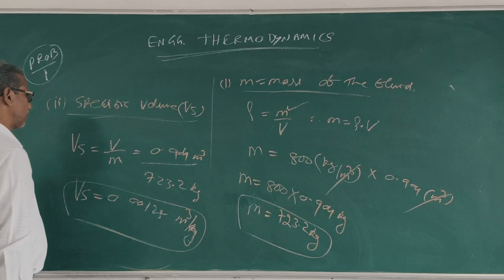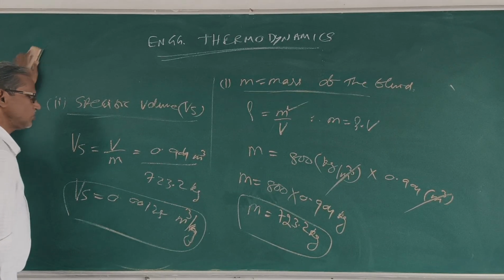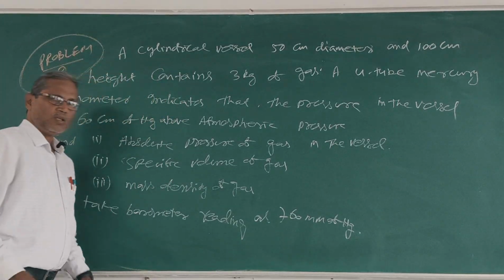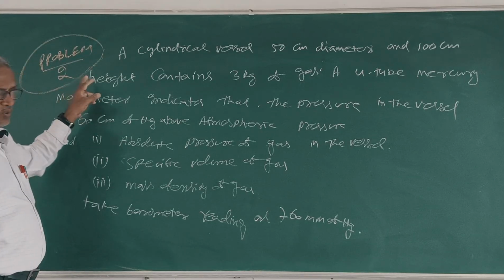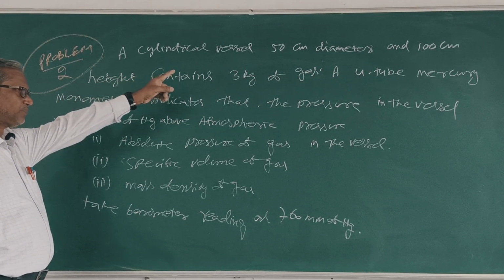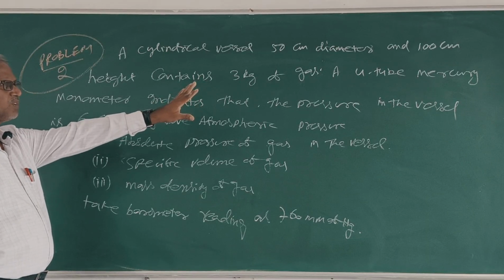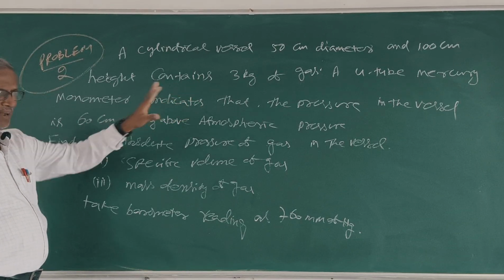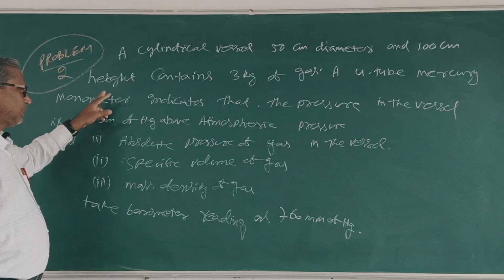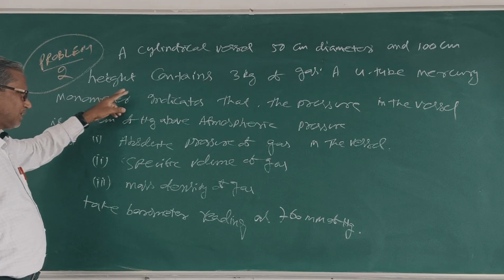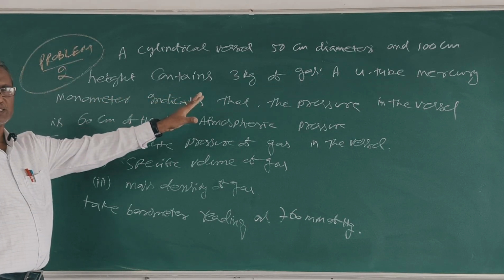Next question, number 2. The question is: a cylindrical vessel 50 cm diameter and 100 cm height contains 3 kg of gas.